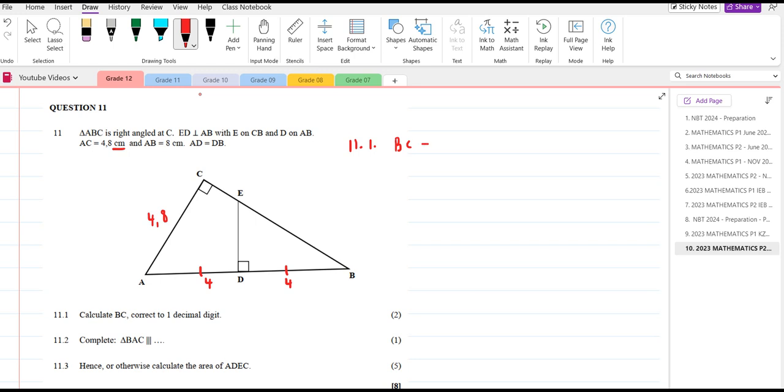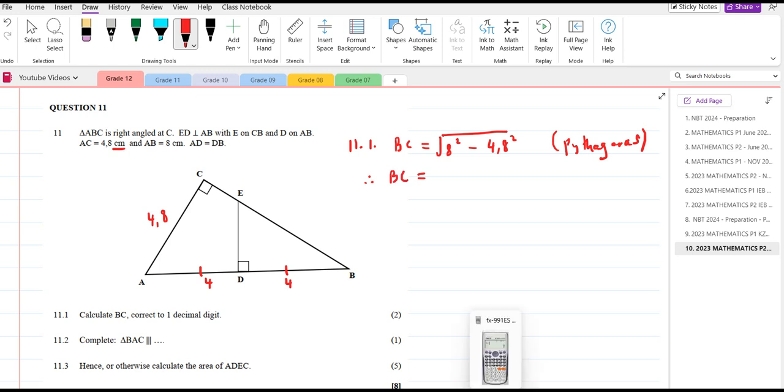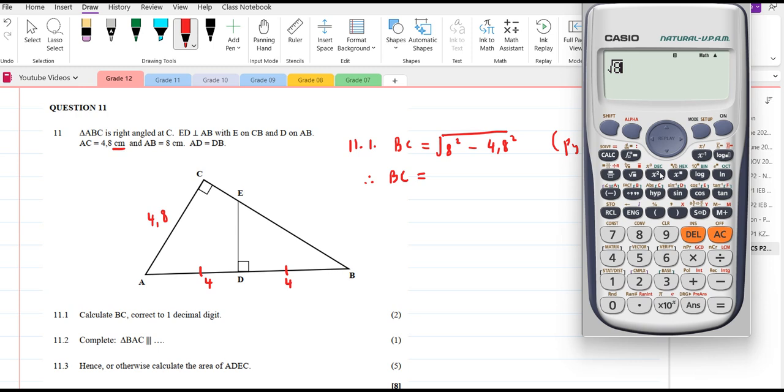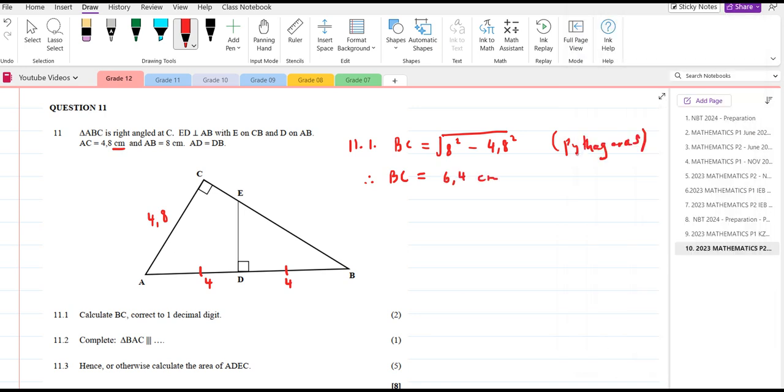BC is equal to the square root of 8 squared minus 4.8 squared. They want the answer to 1 decimal digit. 6.4. It worked out exact. 6.4 centimeters. Perfect. So BC, the entire distance BC, is 6.4.